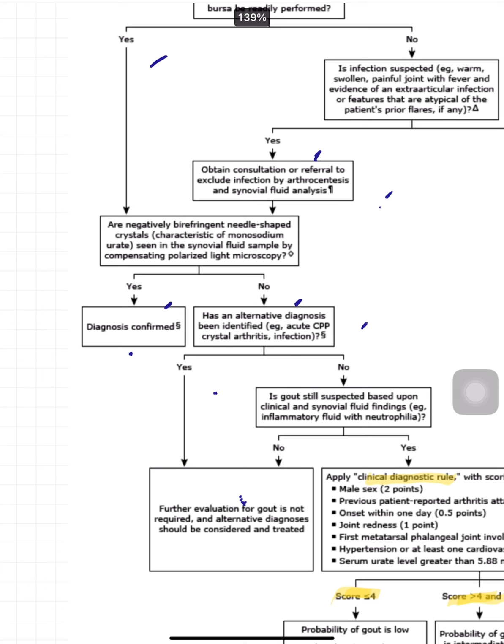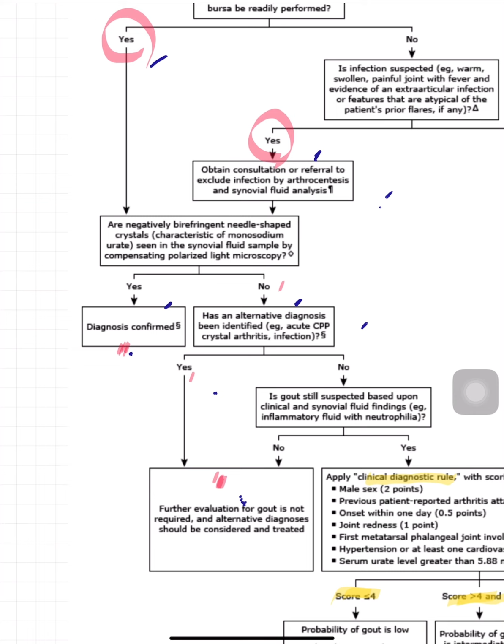In this case, we will perform the joint aspiration, and if a negatively birefringent needle-shaped crystal is present, it is gout, and if there are features of pseudo-gout or septic arthritis, we can treat these alternative diagnoses.